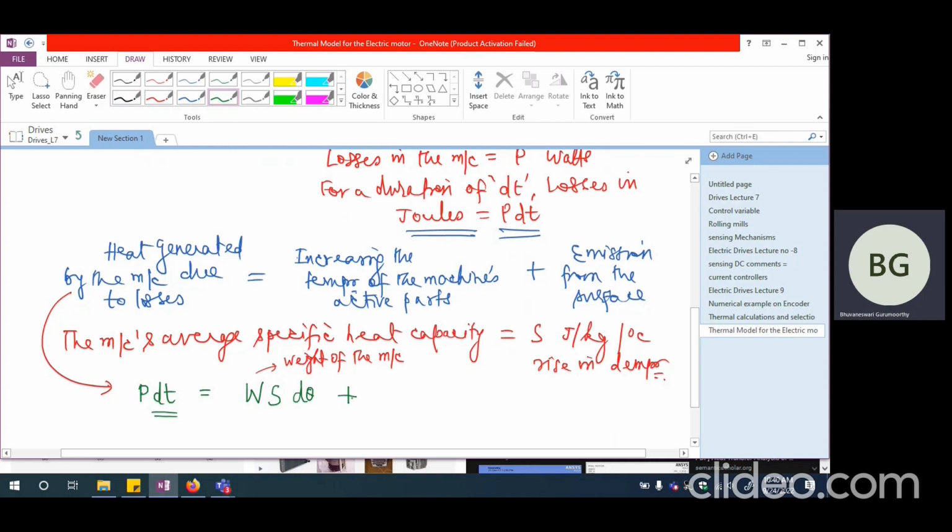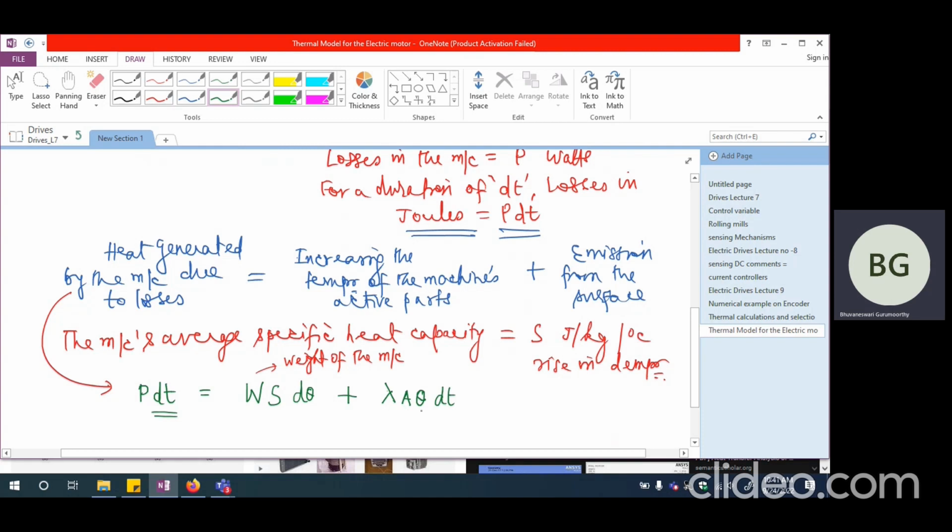Then the last portion is what is being emitted from the surface, the heat that is emitted from the surface, that is going to be lambda multiplied by whatever is the surface area A of the machine. And let's say theta is the temperature difference between the ambient temperature and the machine's surface temperature. And this has to be multiplied by dt because we'll get only this in watts.